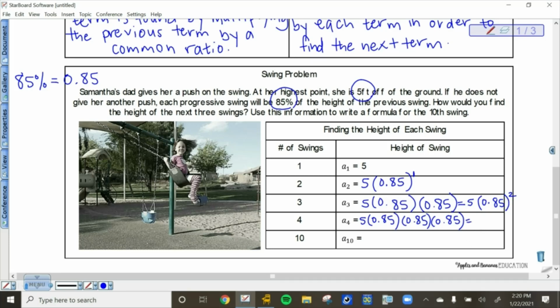Okay, and now for the fourth term, we have 5 times 0.85. And now what power is it raised to? The third. Okay. So, what do you recognize about the relationship between our exponents and our term numbers?